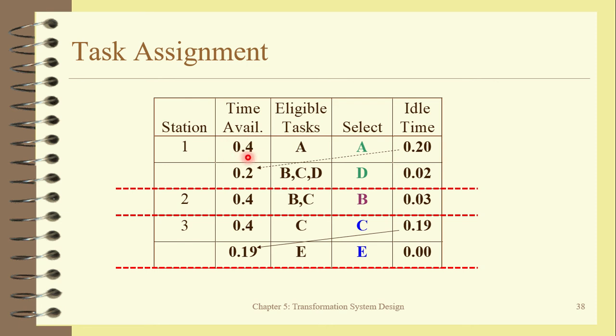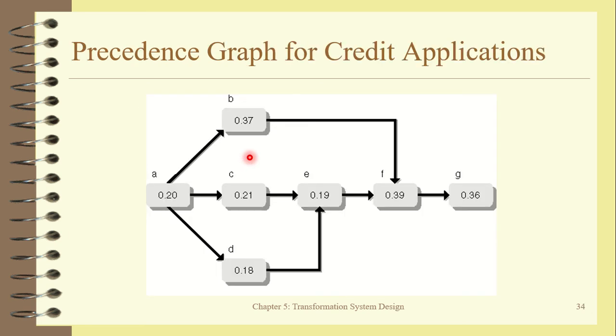And then looking at the precedence graph, you need to find the eligible task that does not violate the precedence relationship.